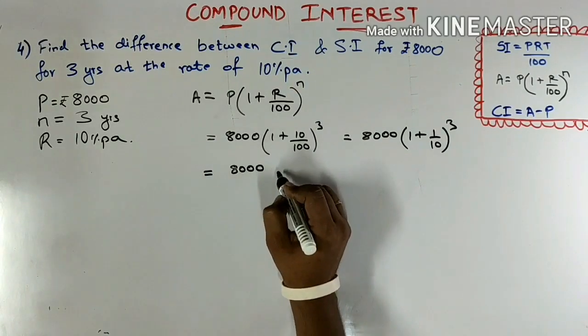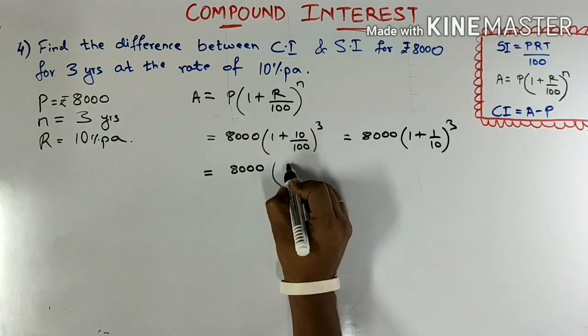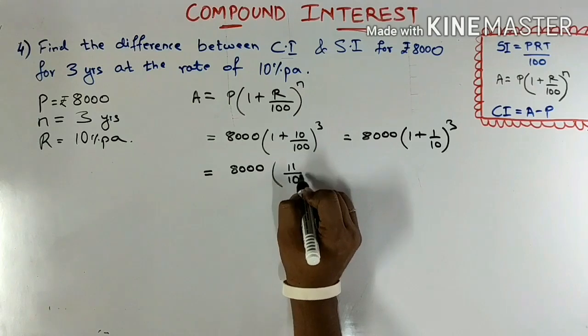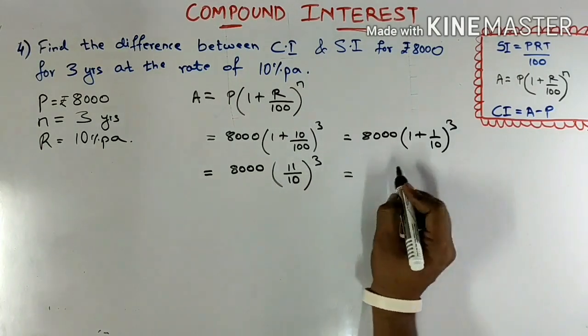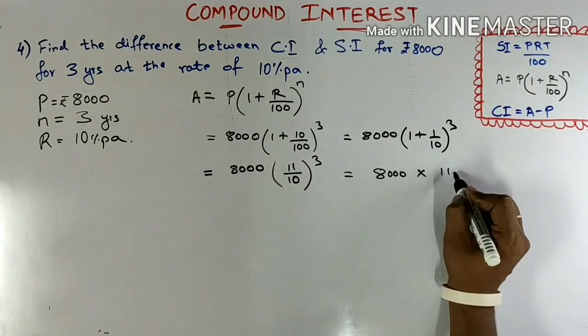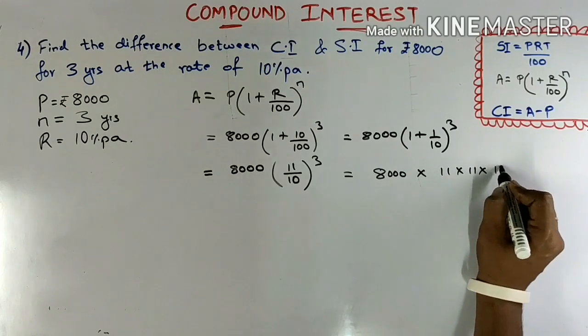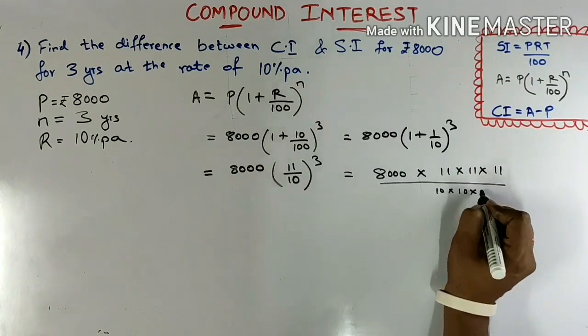8,000 into 10 plus 1 upon 10, that is 11 upon 10 the whole raised to 3, which can be again written as 8,000 into 11 into 11 into 11 divided by 10 into 10 into 10.